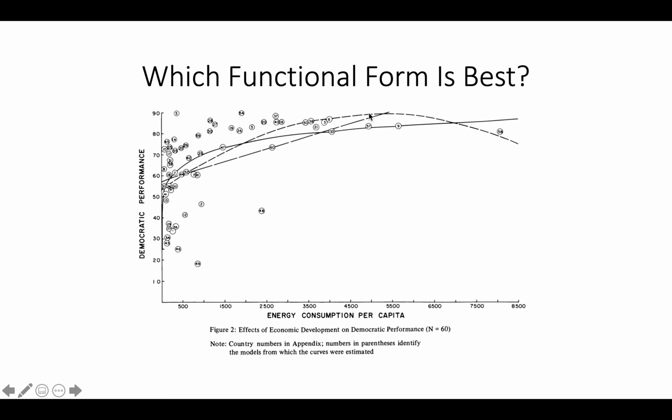One of the reasons for such a high R-squared value is that there's an outlier country out here, the United States, which is not quite the highest in terms of democratic performance, but is easily the highest amongst these 60 countries in terms of economic development, measured by energy consumption per capita.